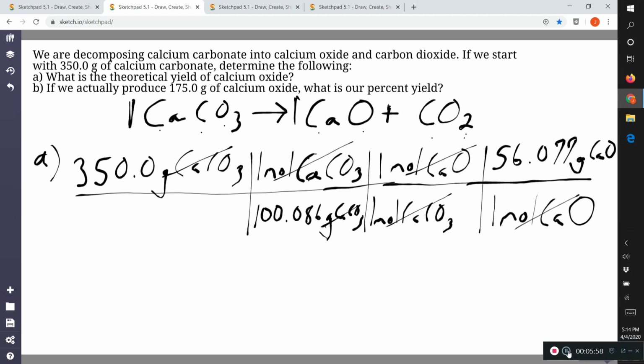So we do that calculation and we get, with 4 sig figs, 196.1 grams of calcium oxide.